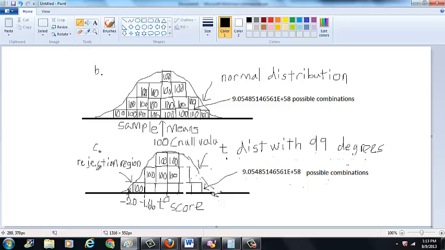And it's 5% of the possible samples that are in this rejection region.